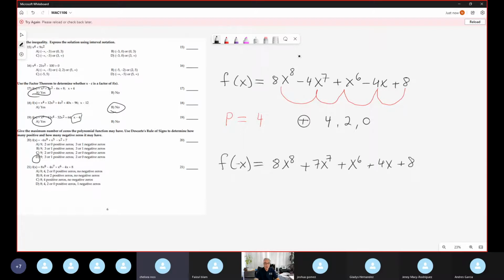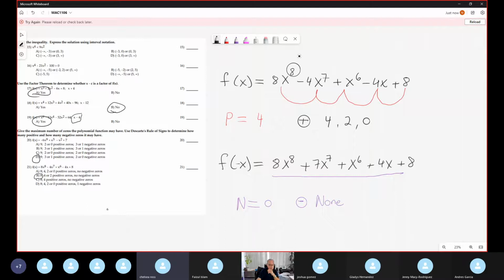I don't see any change of sign, so 0. So M is 0. Therefore, we have no negative zeros. So what's the answer? The answer is, let me see, I suppose B, degree is 8, the polynomial's highest power. And we have 4 or 2 or 0 positive zeros. No, it's not B, it's A.